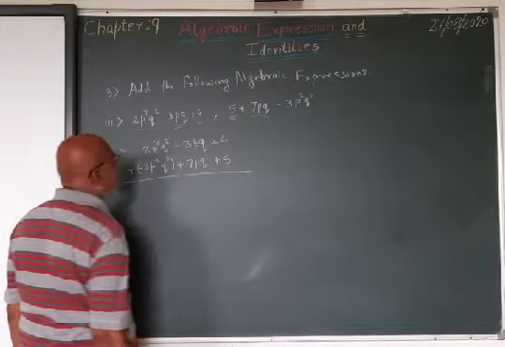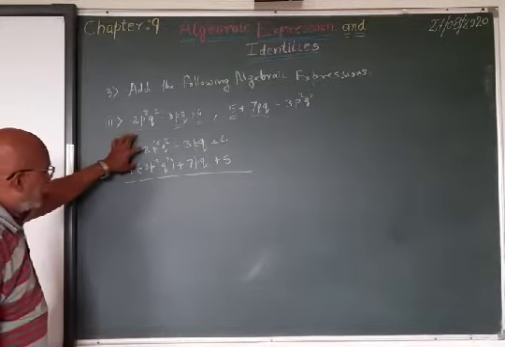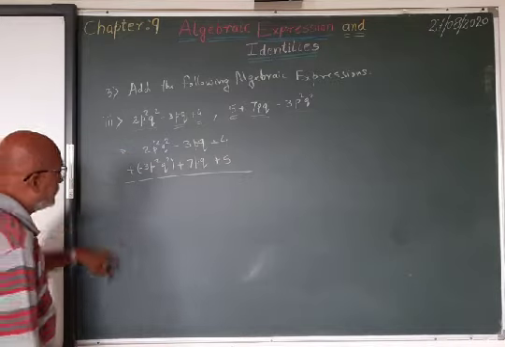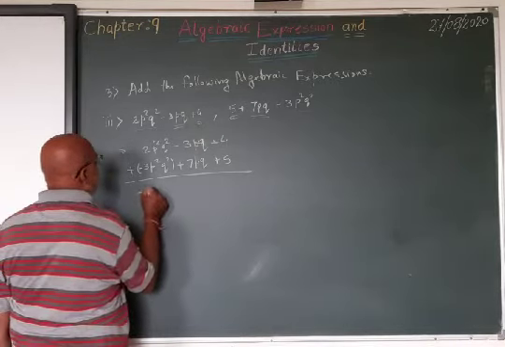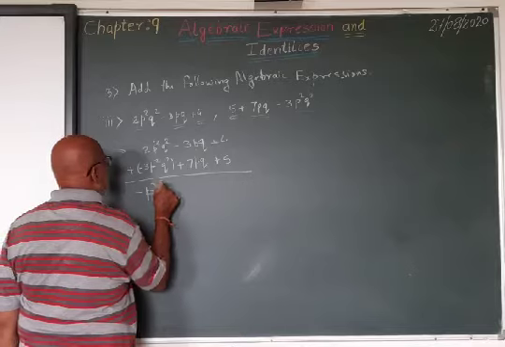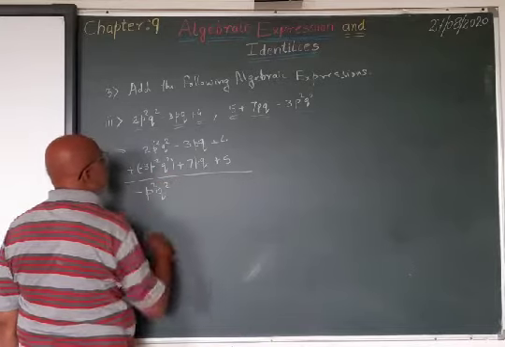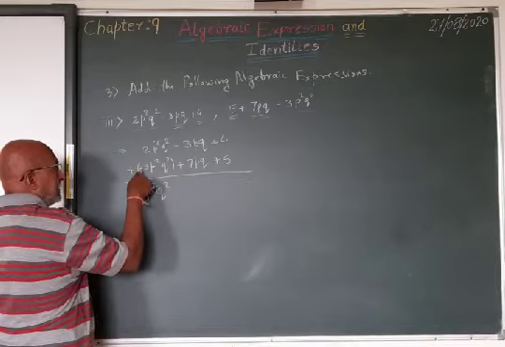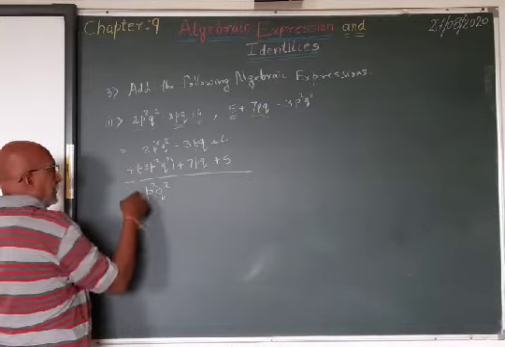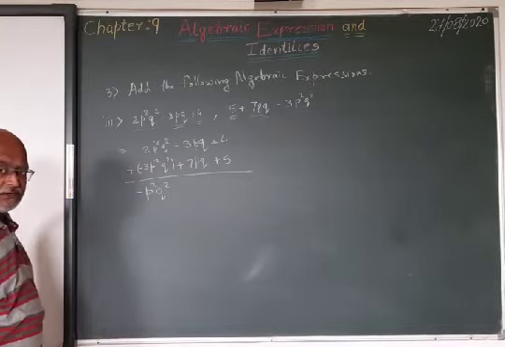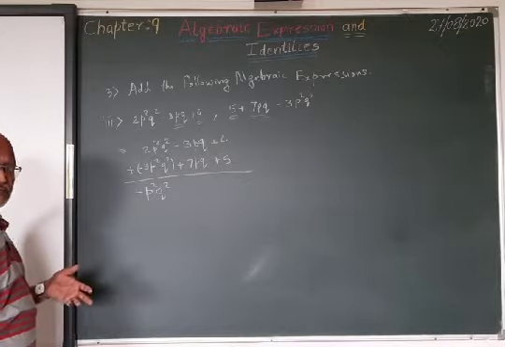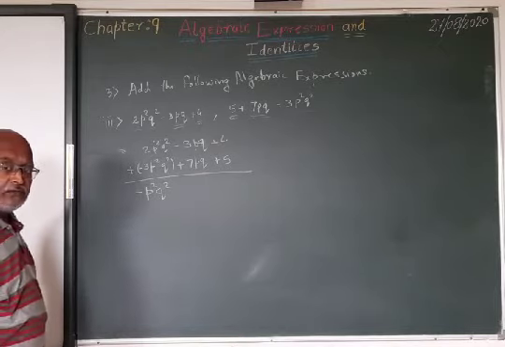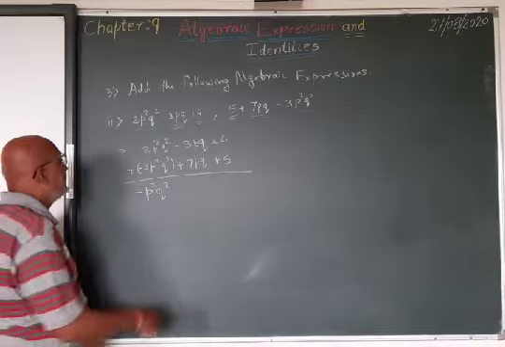Now when we add this, here the signs are different. 3 is greater than 2, so I will write minus p square q square, because 3 minus 2 is 1, with the minus sign, and 1 is never written as the coefficient. When a coefficient is not there, it has to be assumed 1.